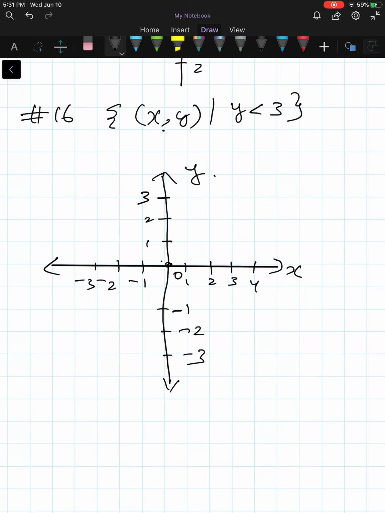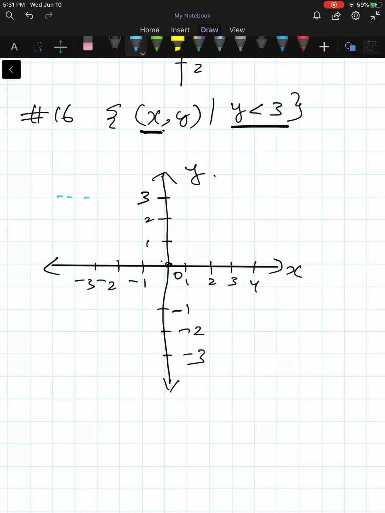Less than 3 means it is not including exactly 3. Again in this situation there is no restriction for the x coordinate. x can take any value, negative or positive, but there is a restriction only for y values. So what do you mean by less than 3? You are not including y equal to 3.